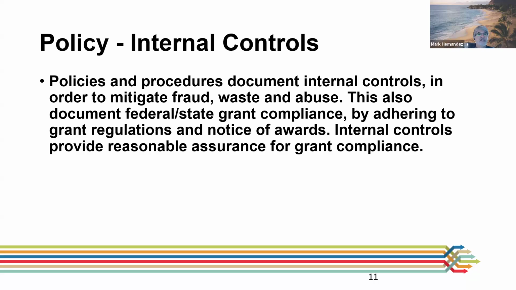What they want to know is, do you have a system of internal controls? And the system of controls due to the 2 CFR is to mitigate fraud, waste, and abuse. That's the big part of what the government's been going for all these years. I'm not too sure if everybody has known that the 2 CFR is now 10 years old.